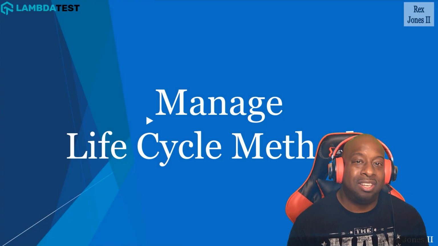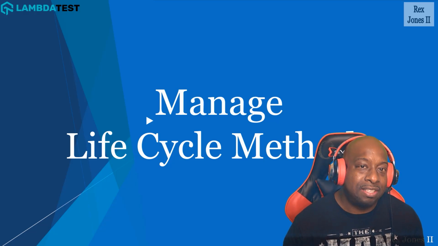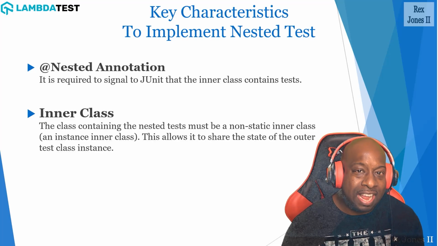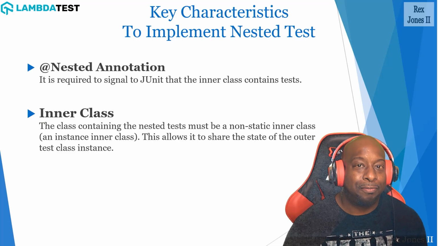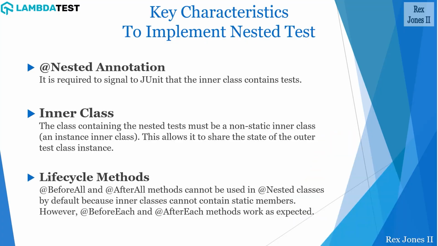Next is to manage the lifecycle methods. Recall from implementing a nested test, I mentioned two characteristics. The two characteristics were nested annotation and inner class. Now, however, lifecycle methods is the third characteristic.